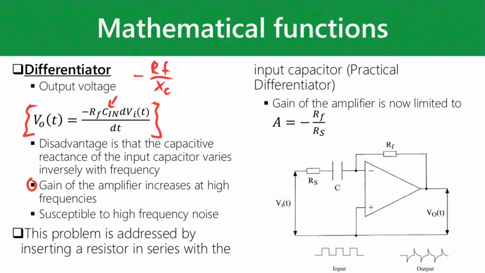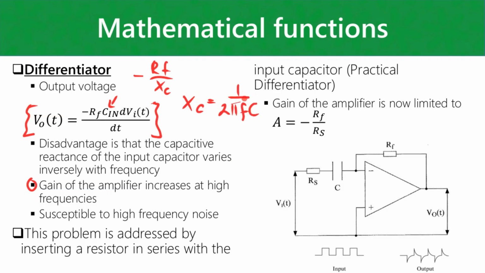But now the problem that you run into is that your capacitive reactance is dependent on frequency. If your input frequency is very high, you're going to have a very high gain for this amplifier, because XC is 1 over 2 pi fC.